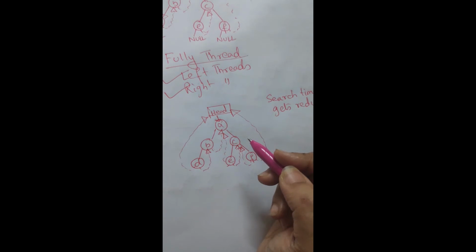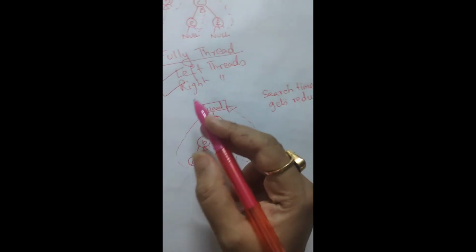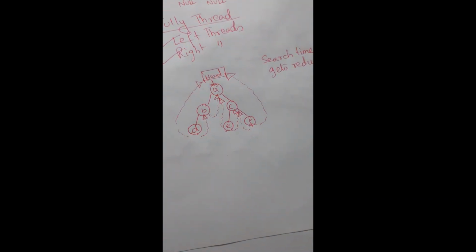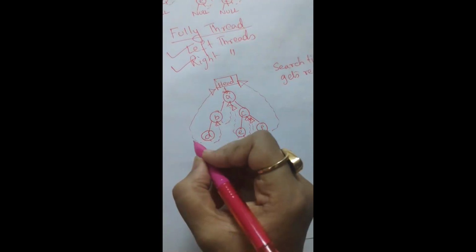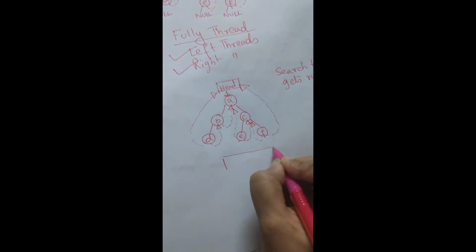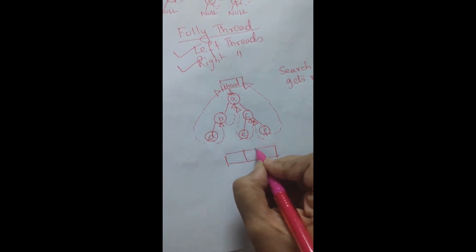So there are certain algorithms in which the threaded binary tree helps in reducing the search time. Correct? Now, another important point about a threaded binary tree is its structure. Before I tell you the structure, this is a node, right?